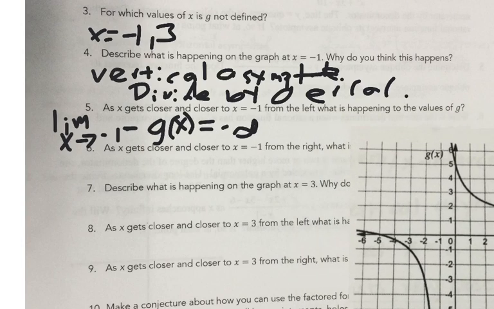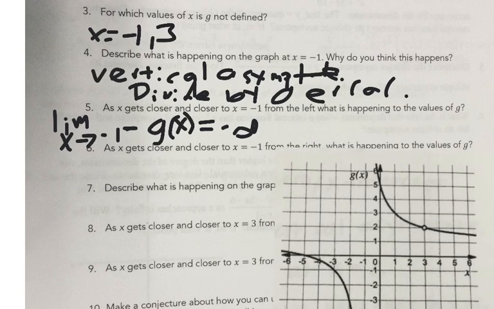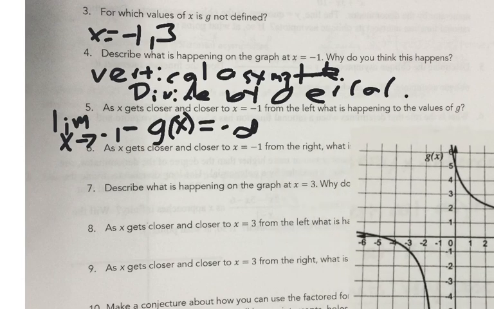Now what about as x gets closer to -1 from the right? As we get closer to -1 from the right, we're going towards positive infinity. So I'll let you try to guess how you're going to write that limit.